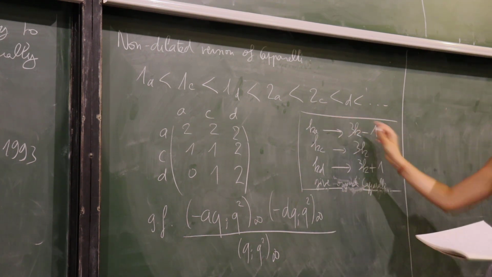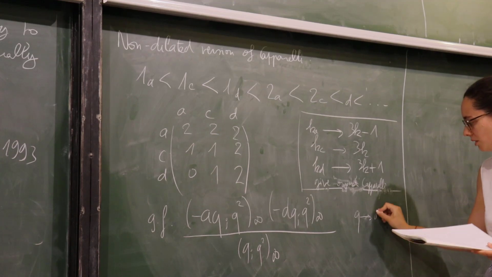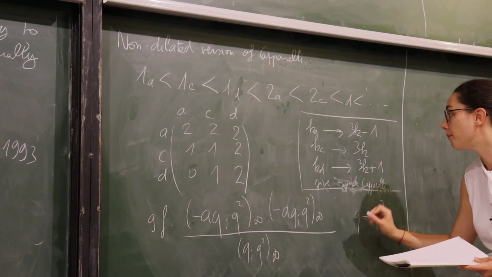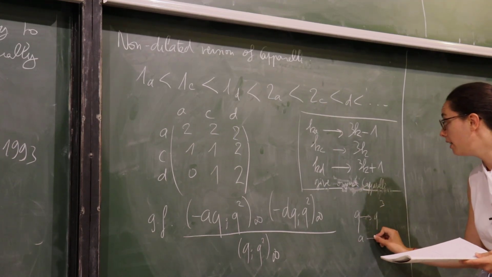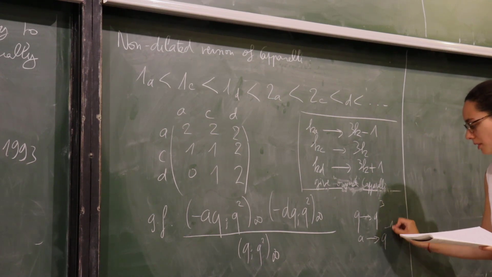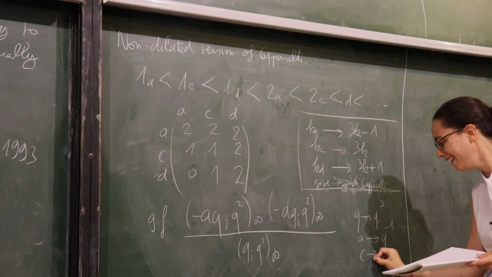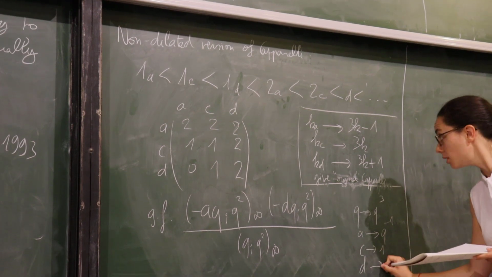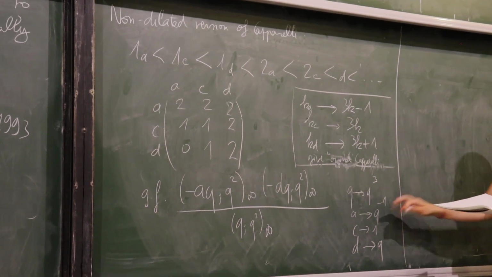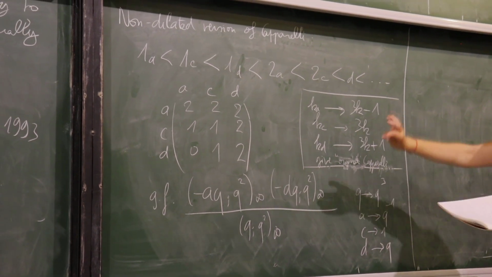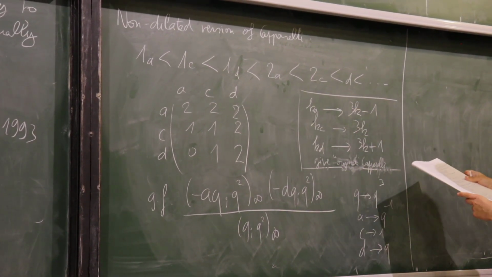Those transformations correspond to doing Q3, A, Q minus 1, C, nothing special, just 1, and D, Q, if you want the correspondence. So this is a non-dilated version of Capparelli.